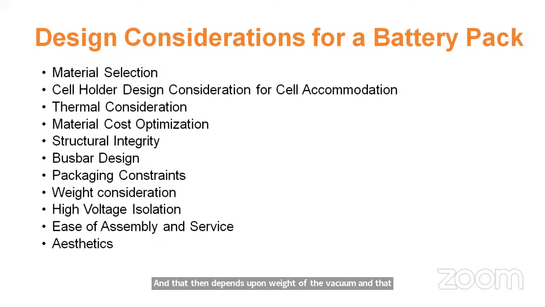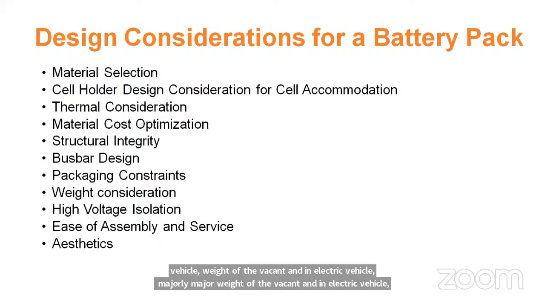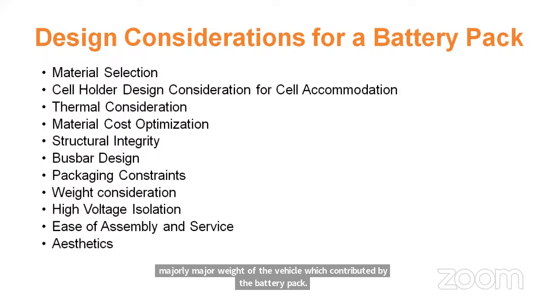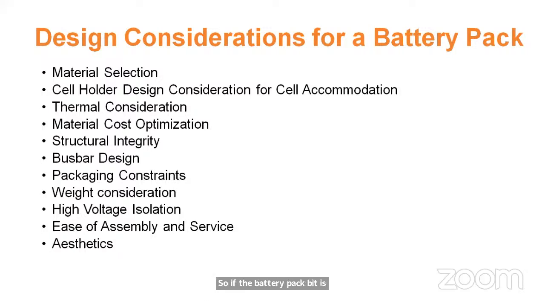So if the battery pack weight is higher, the overall vehicle weight will be higher, more energy will be required to run your vehicle, and your battery pack will get discharged in a shorter time. So the weight of the battery pack directly impacts the range, and that's why weight consideration should be there.